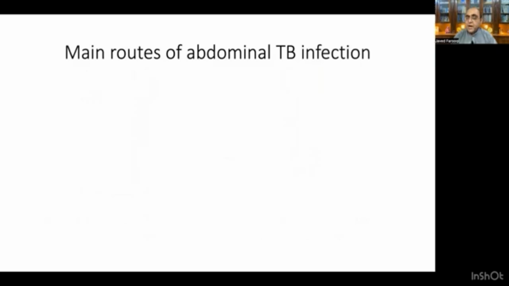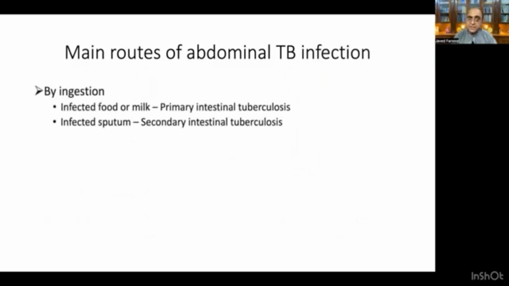The main routes of abdominal tuberculosis infection are by ingestion of infected food or milk, and this will be called primary intestinal tuberculosis, as whatever food or milk the patient takes infects the intestines.